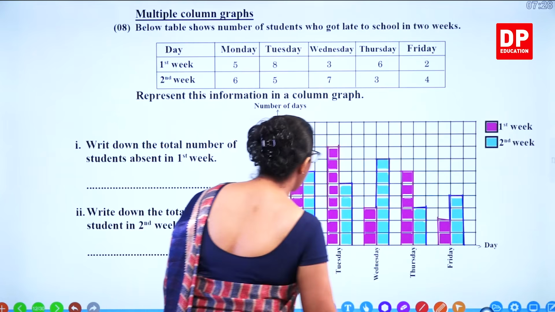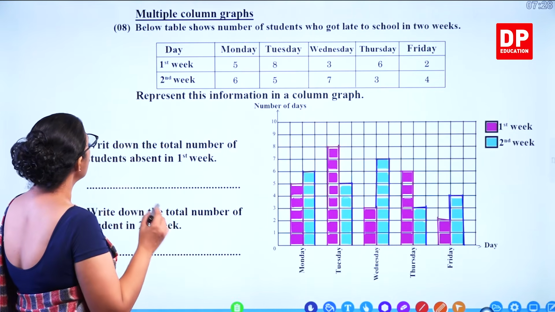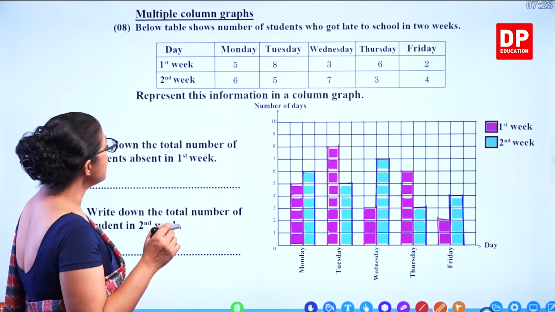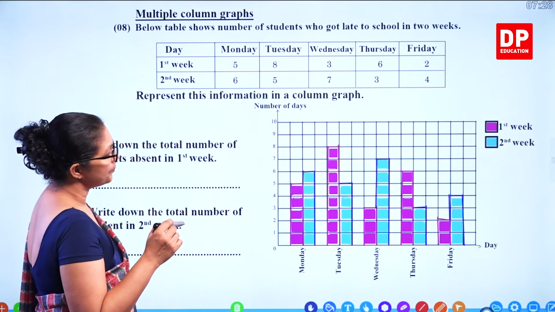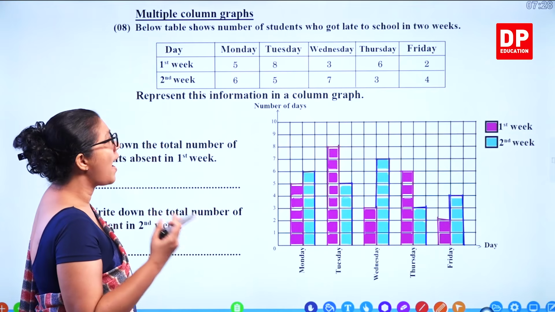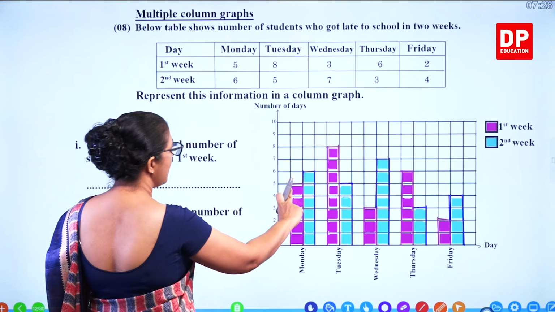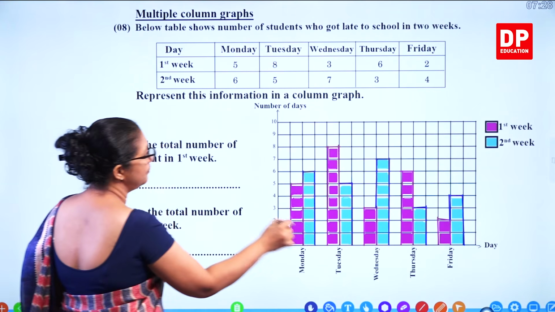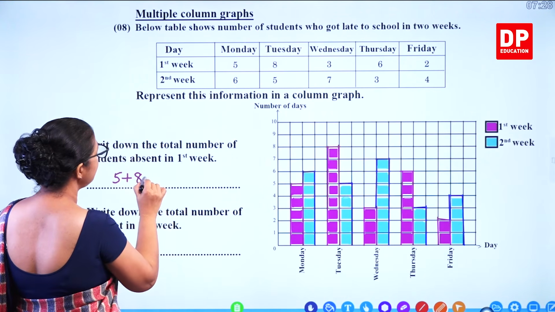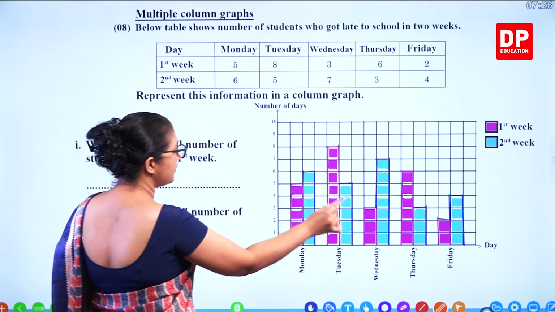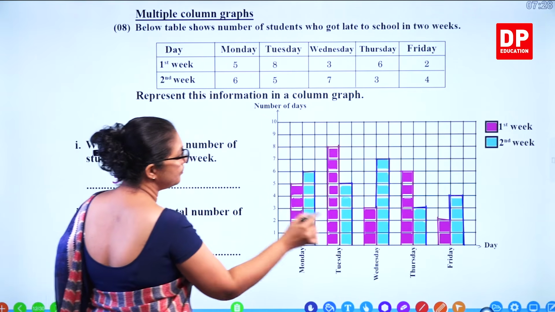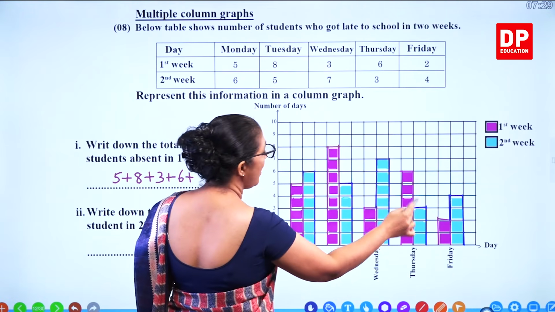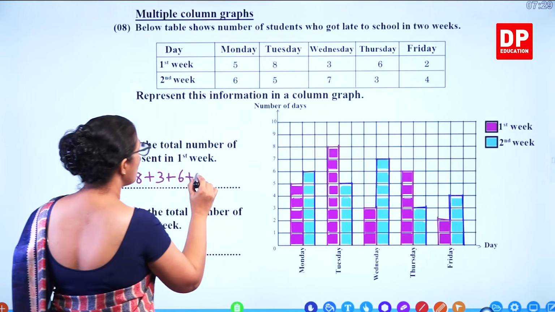What are the questions? They ask, write down the total number of students absent in the first week. Total number, so you have to add all together. First week is here 5, 8, and here 3, this one 6, and this is 2.